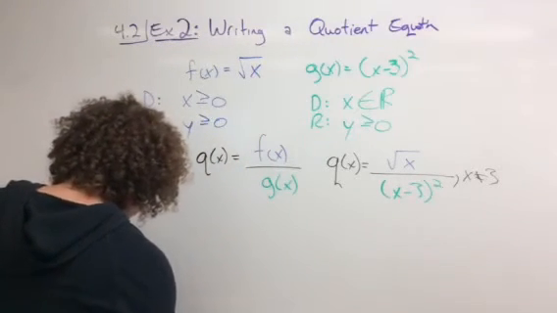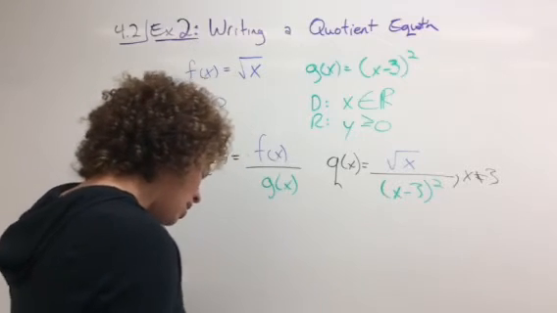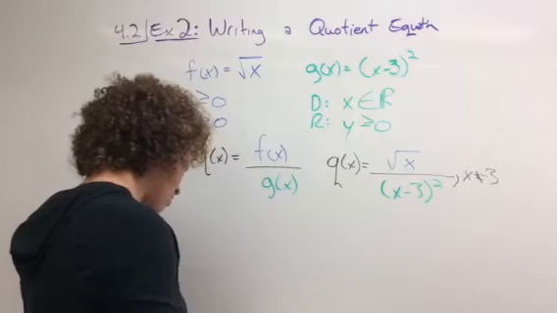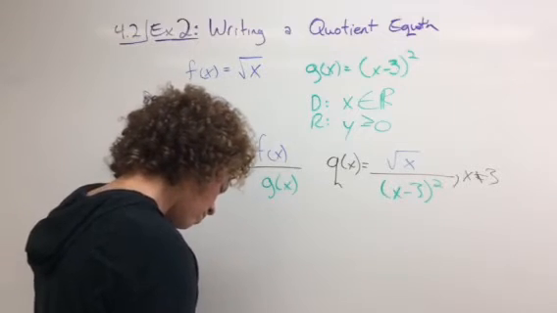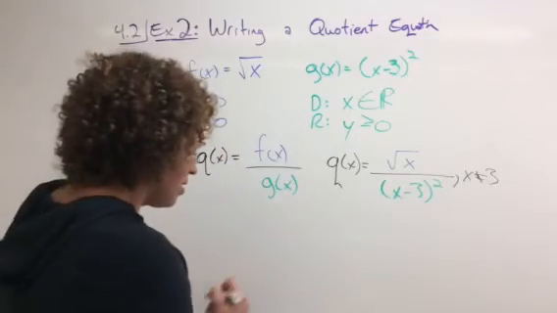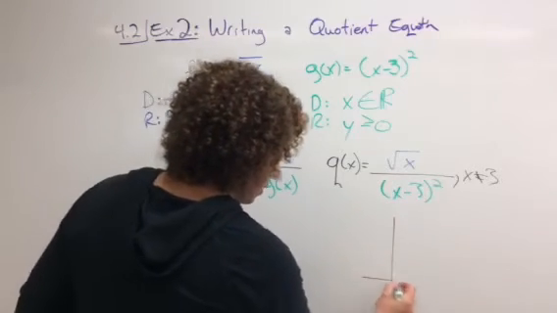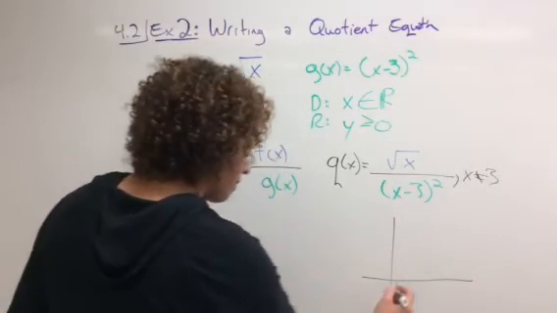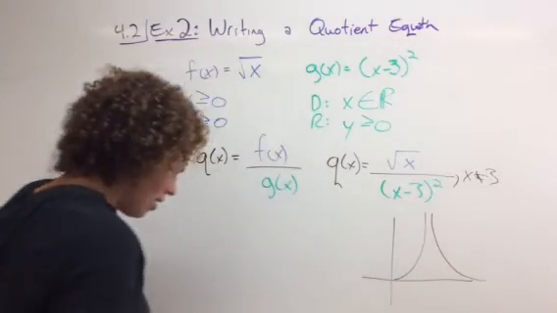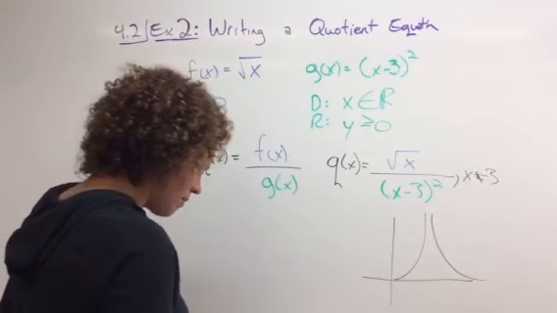So let's just do a sketch here, that might be easier to see. I'm going to sketch the graph just loosely. Goes up like that and goes like that. So it's not touching the x-axis.